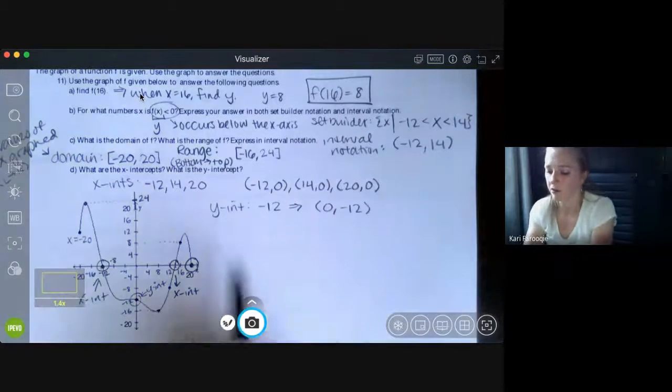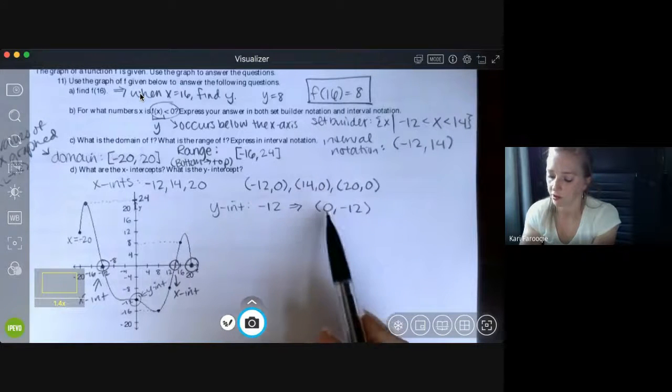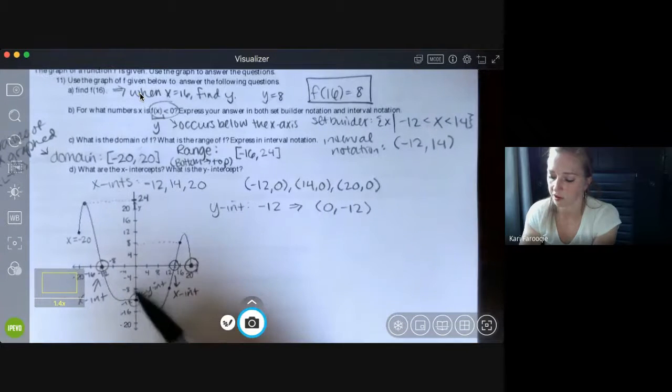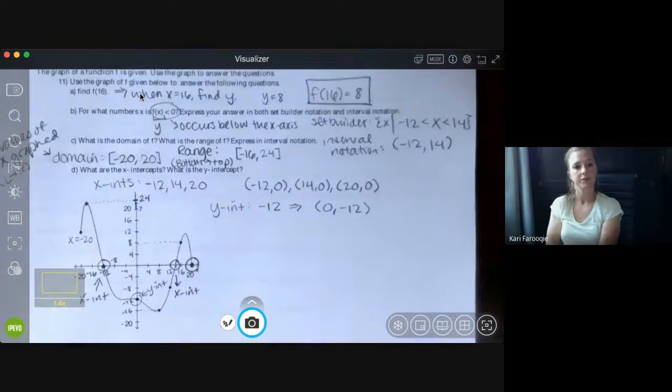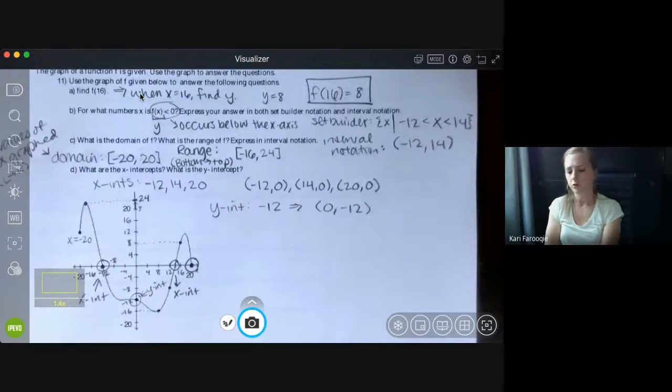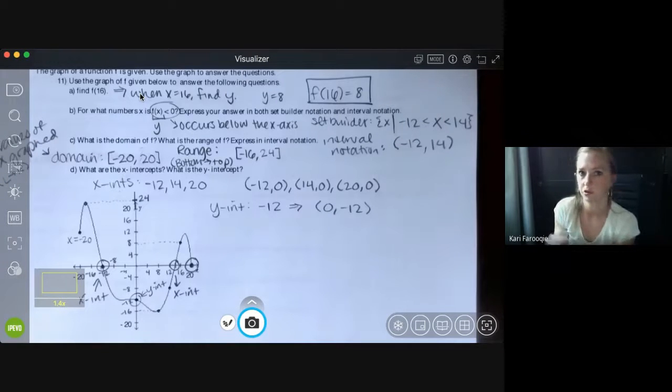That is because to find the y-intercept, we let x be 0. We're sitting here at the origin and we move down 12 units to find it. So just be careful when you're listing these as ordered pairs. Your x-intercepts will always have 0 as the y-coordinate, and your y-intercept will always have 0 as the x-coordinate.